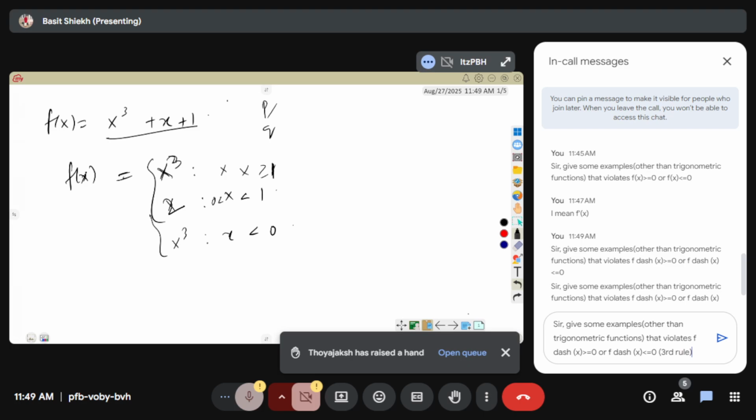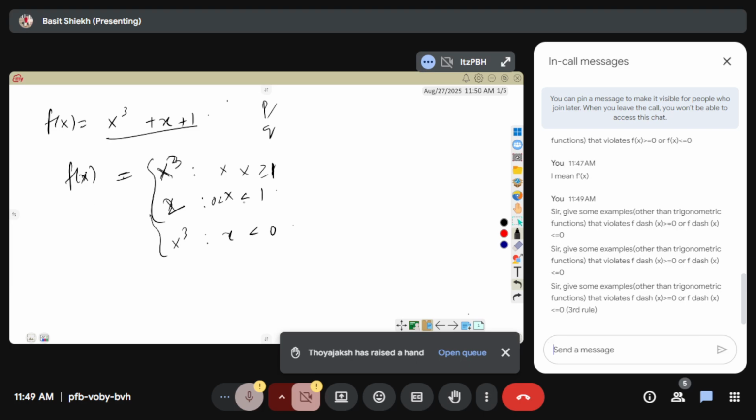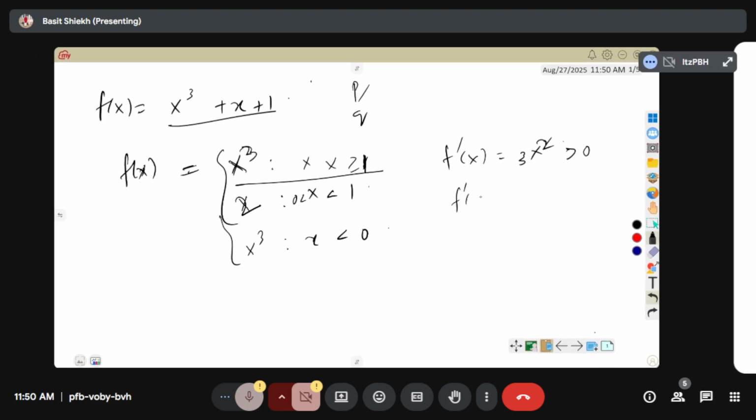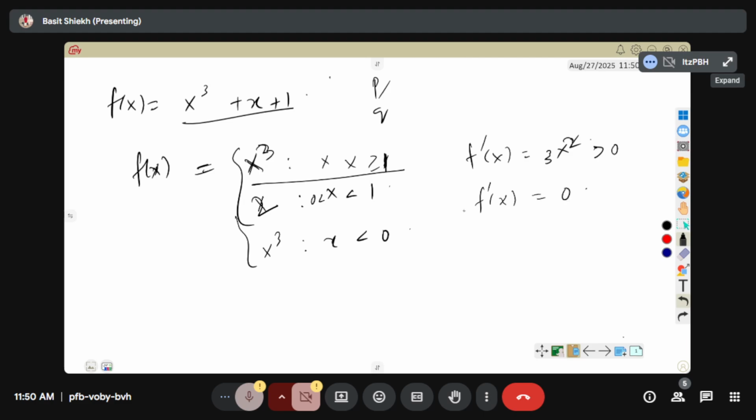Now try to see what this f dash x will be. This is 3x square, which is greater than 0 on this interval. What about this? f dash x equals 0 on the interval 0 less than x less than 1.